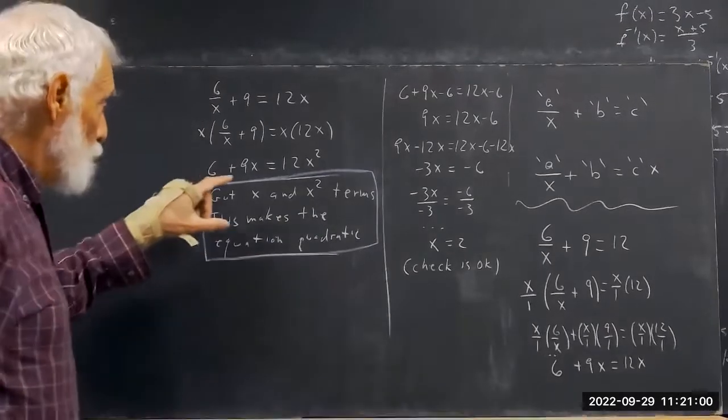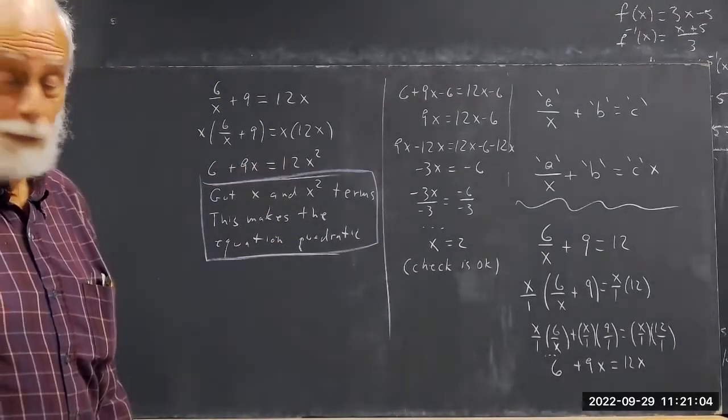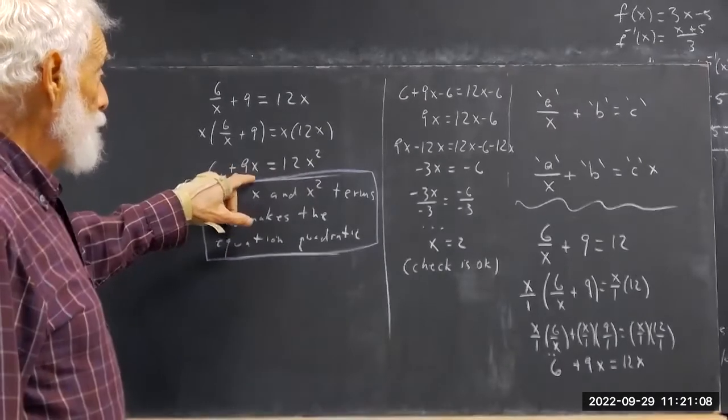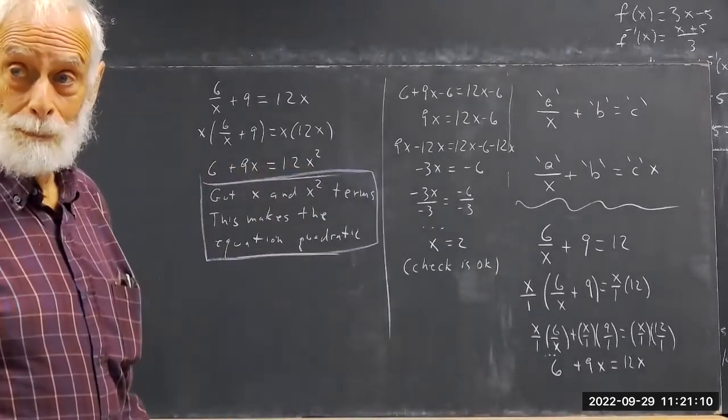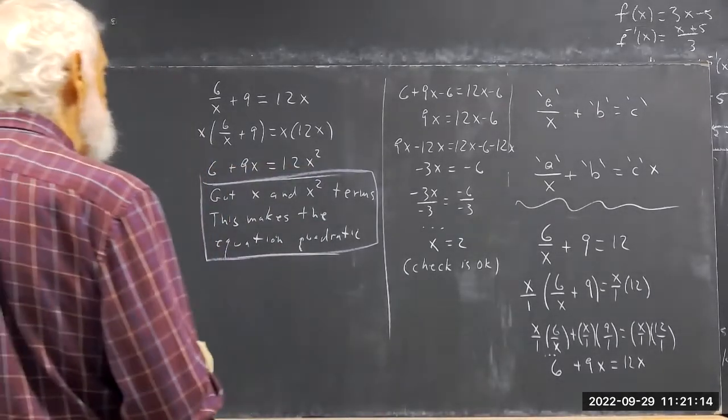So we want, first of all, to recognize when an equation is quadratic. And for right now, that means you've got some constant term, some x term, and some x squared term.